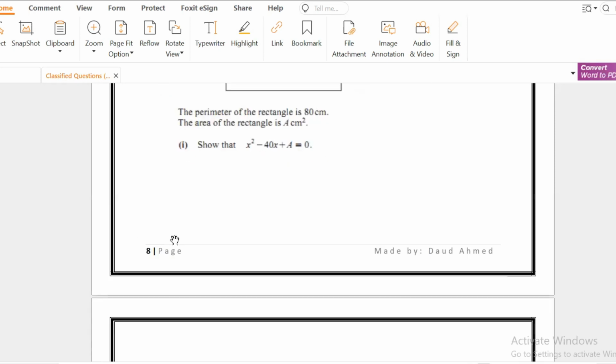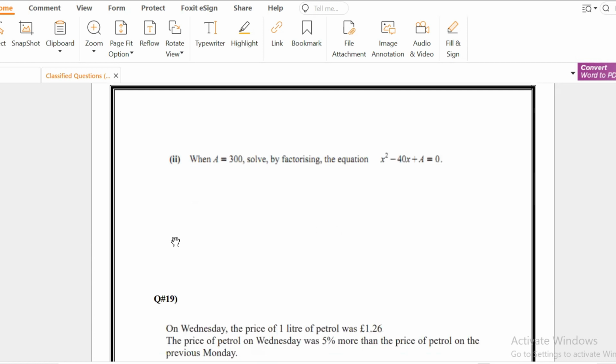Next. They say when A is equal to 300, solve by factorizing the equation x squared minus 40x plus A equals 0. So for that, we can say that our required equation will be x squared minus 40x plus 300 is equal to 0. Our product is 300x squared. Our sum is minus 40x. So we are looking for values which multiply to get 300, and add to get 40.